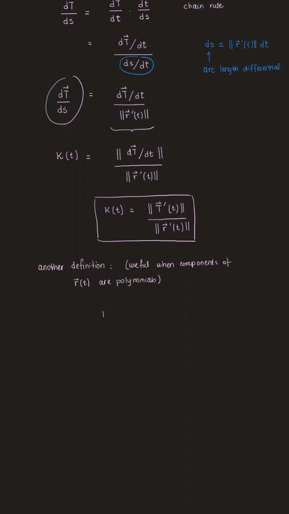And here is that expression for curvature. The numerator is the magnitude of r prime of t crossed with r double prime of t. And this is divided by the magnitude of r prime of t cubed.